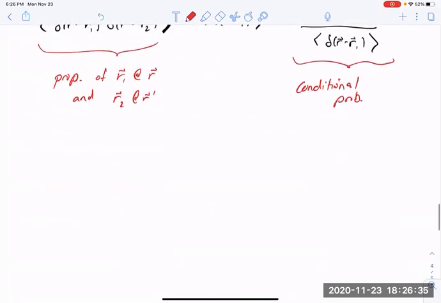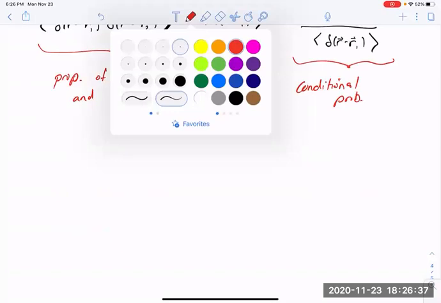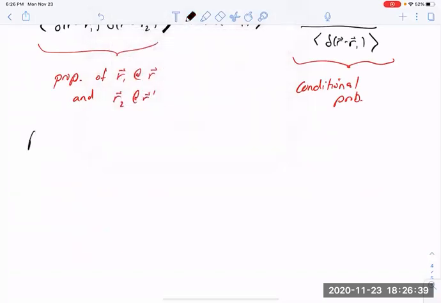Let's take a little bit of an aside to talk about conditional probabilities. If I have the probability of A comma B, what I mean by that is the probability of seeing A and B simultaneously.